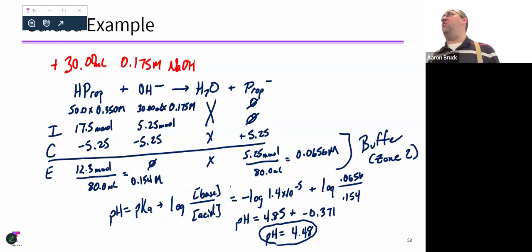There'd still be plenty of free hydronium left over. Instead, we're going to see this gentle crawl upward in pH because we have a buffer system in place. All right, so that's zone 2.